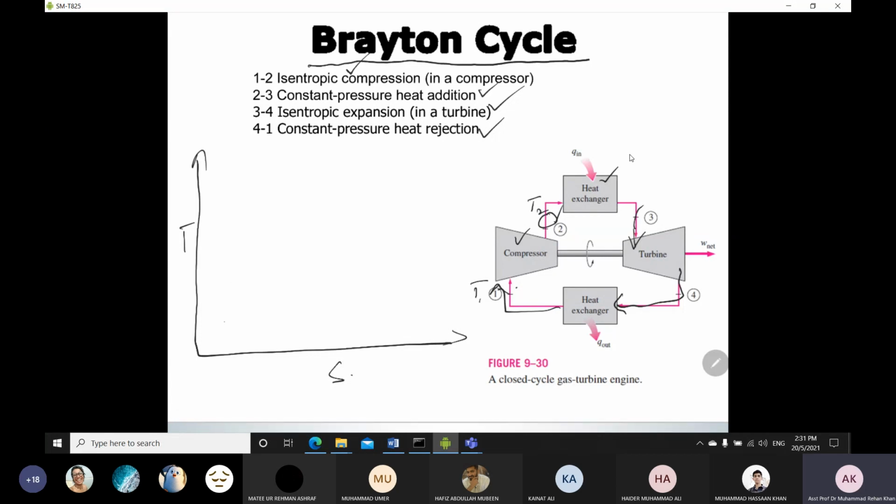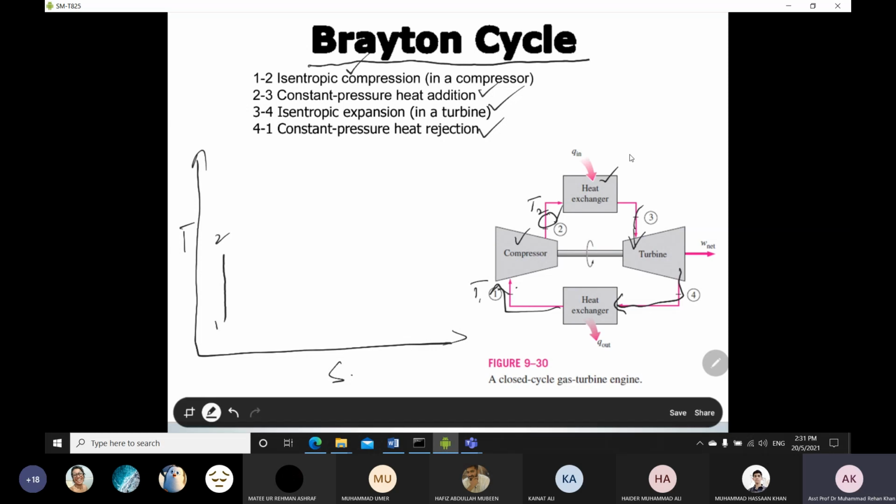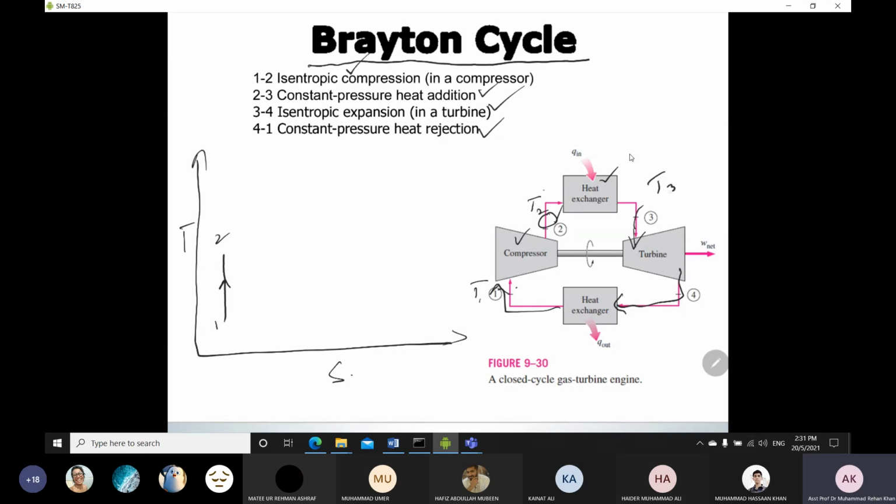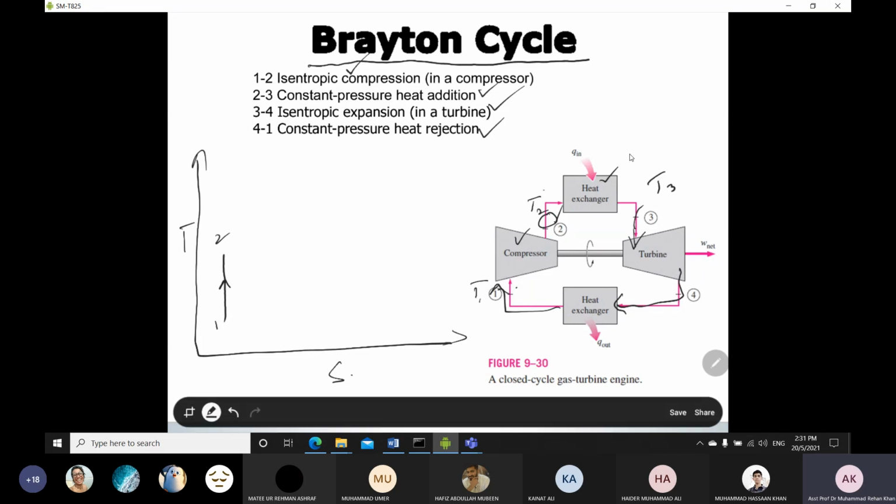For example, this is your first point and this is your second point. Then 2 to 3 is a constant pressure heat addition process. So whatever the temperature at point number 2, T3 will be higher than T2, because heat is added.